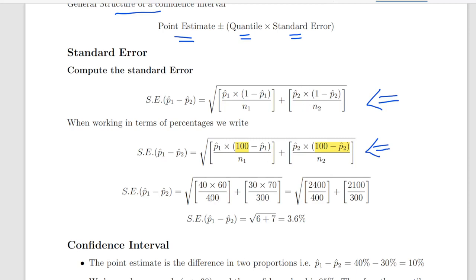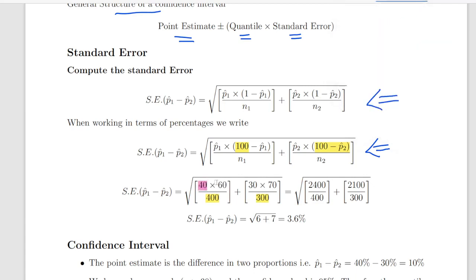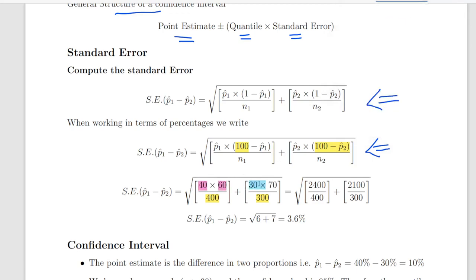Okay, so the first group has 400 people. The second group has 300 people. The percentage of the first group who like this particular browser is 40%. That means the complement of that is 60%. For the second group, it is 30%, which means the complement is 70%.